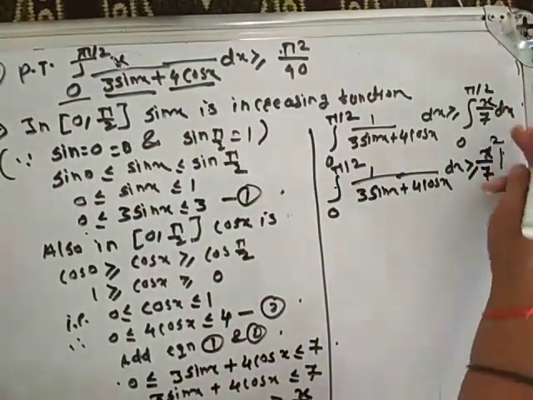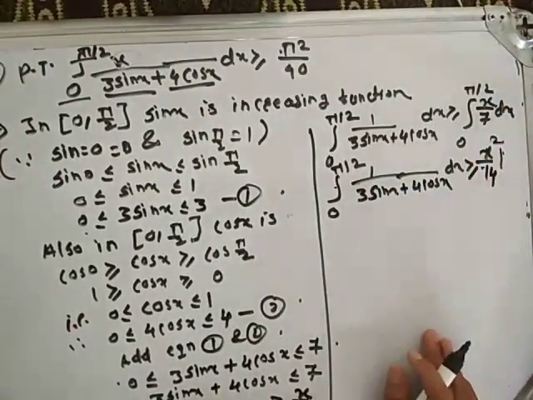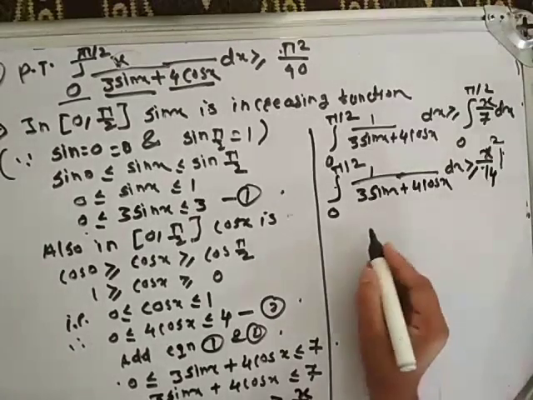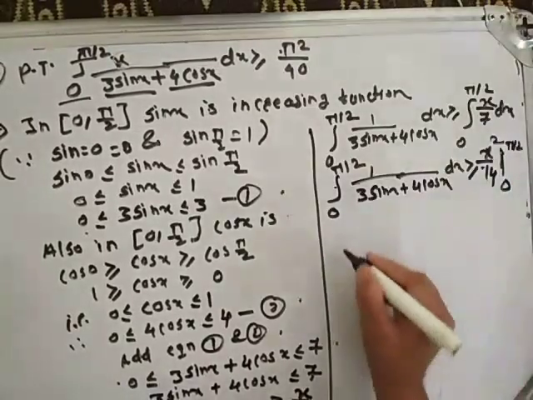So this is x square upon 14, with limits from 0 to pi by 2.